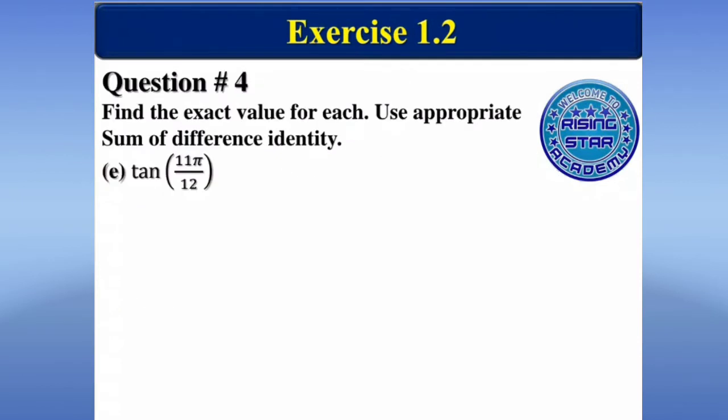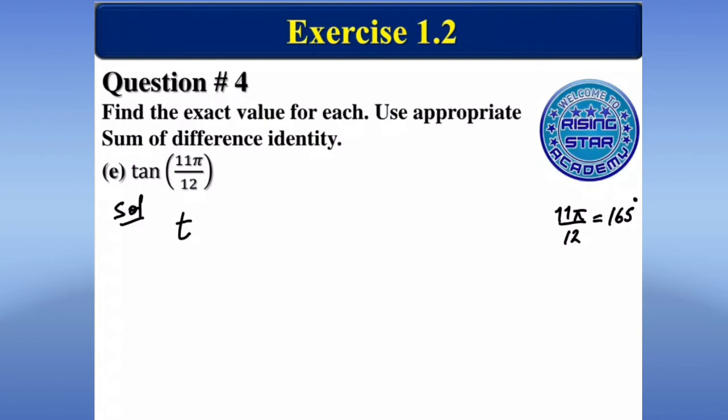In this part we have tan of 11 pi by 12. So 11 pi by 12 in radian, in degree that would become 165 degree. So now according to that we will write it.